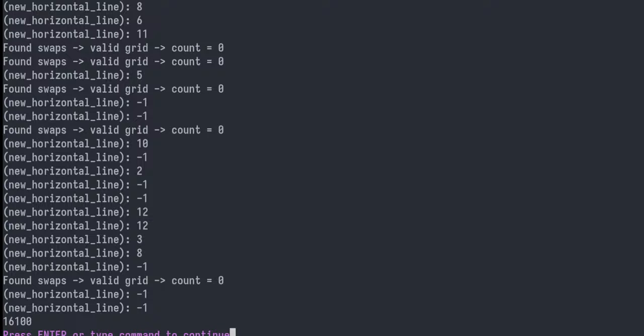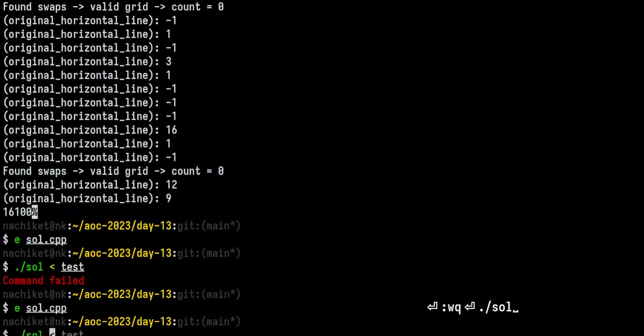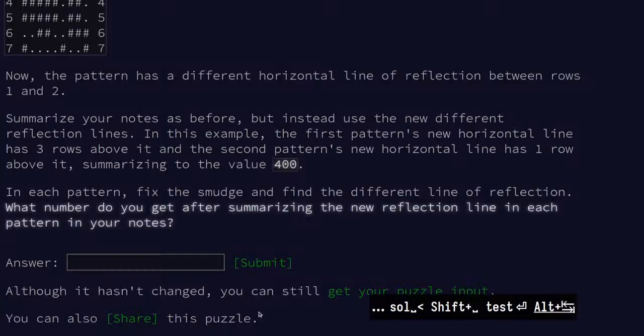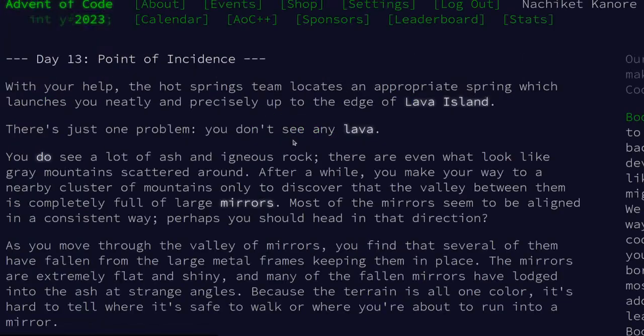Oh, now I get 160100. What the is that? Okay, let's check it. Initially I got 17100, right? Or not?